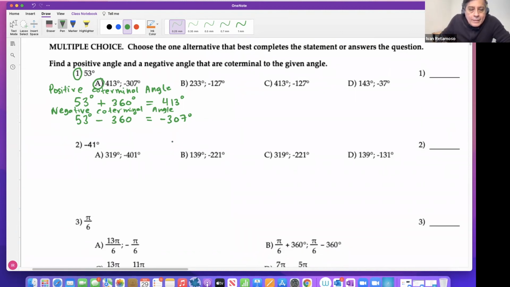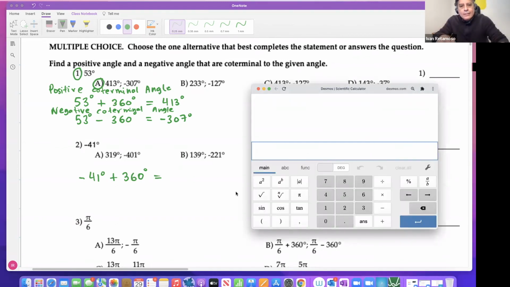Let's go over number 2. The same. They're asking you to generate a coterminal angle that is positive for negative 41 degrees and a coterminal angle that is negative. We will follow the same strategy as before. We take our angle, we add 360, and this hopefully will give us the positive coterminal angle.